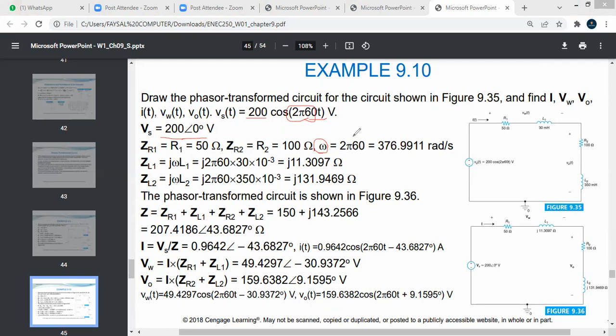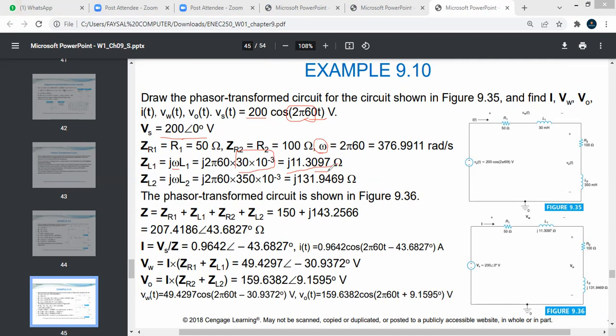Then for the angular velocity, I have to put ZL1. As the value of ZL1 is j omega L1, putting the value of omega, that is 376.99, and the value of L1 is 30 into 10 to the power negative 3. Computing all the values, we find that it equals 11.3097.